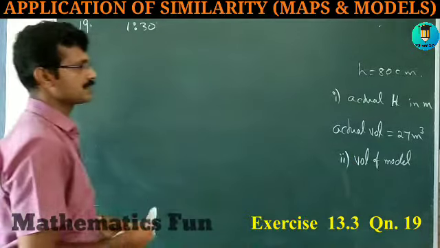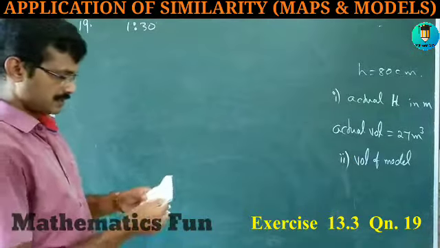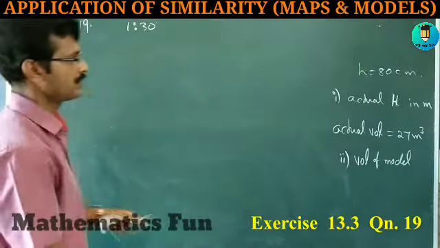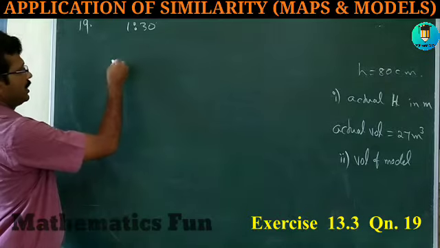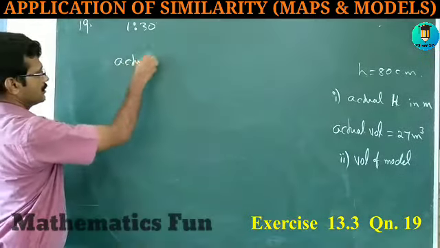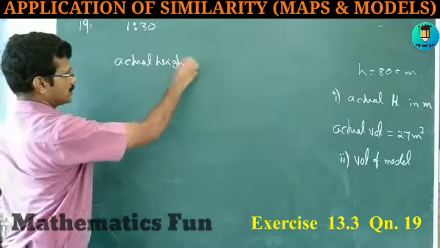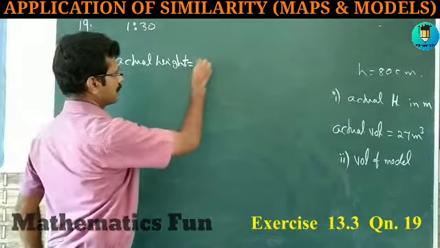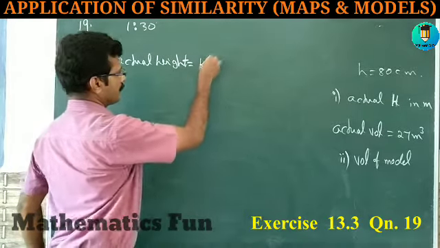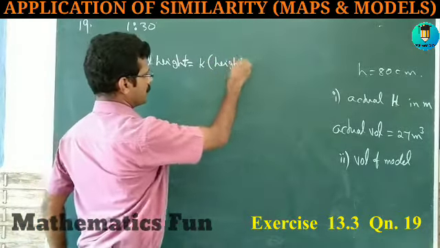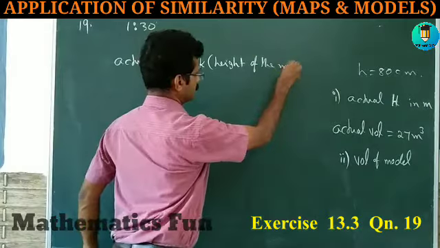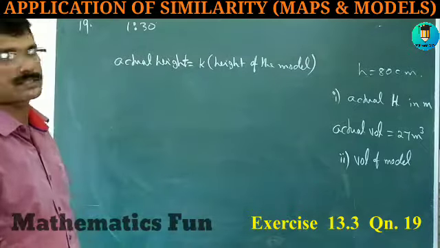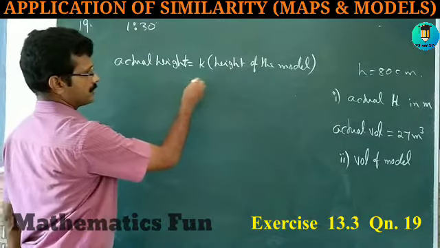So first of all, height is given and scale factor is given. This is the height of the model. So we know the result: actual height is equal to K into height of the model, since they are similar figures.